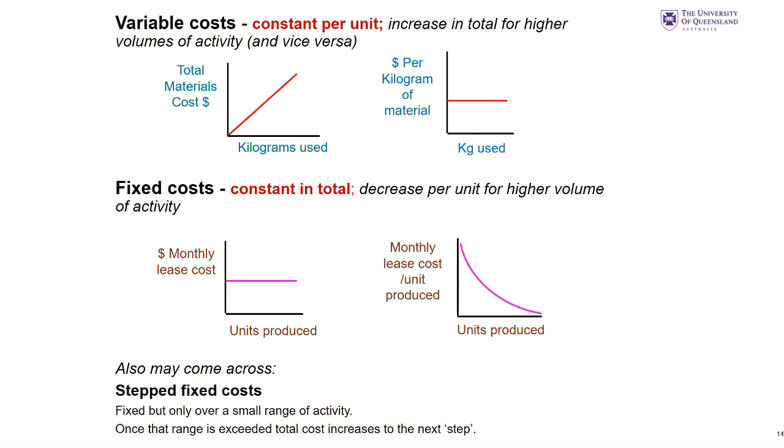So say it's 10 cents a unit, and that's the slope of your total variable costs. Fixed costs in total, here we have it, don't change in the relevant range, but the more units we produce, the fixed costs per unit decrease, because we're dividing the same amount of costs by more activity. Make sense? So this is in total, this is per unit.